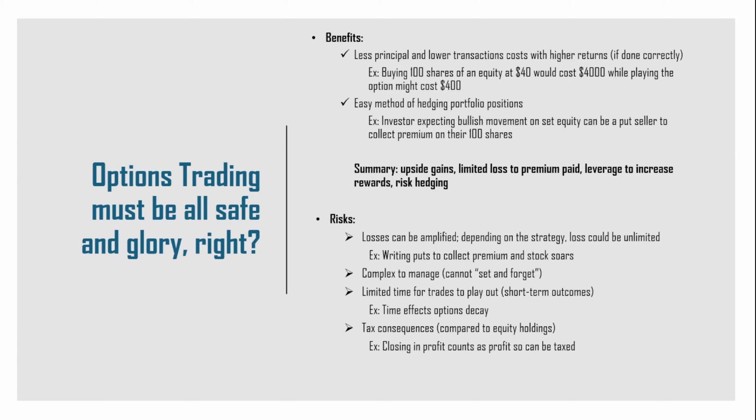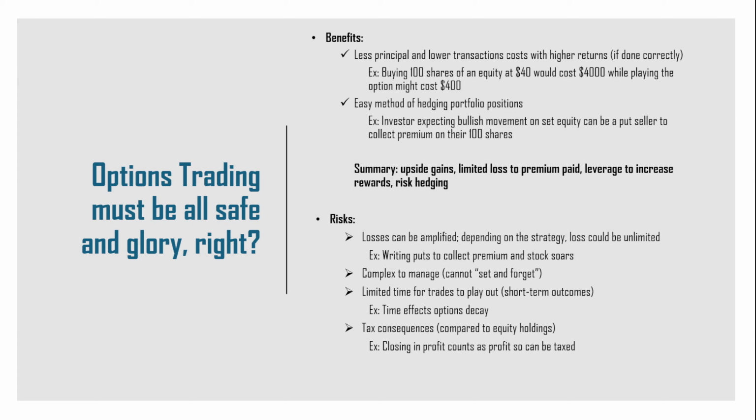So there are benefits and risks, obviously. The benefit is that you pay a lesser premium. You have less principal and lower transaction costs, but higher returns if you do it correctly. Buying 100 shares of an equity at $40 would cost you 4,000, while buying an option might only cost you 400. It's also an easy way of hedging a portfolio, especially if you're a long-term investor.